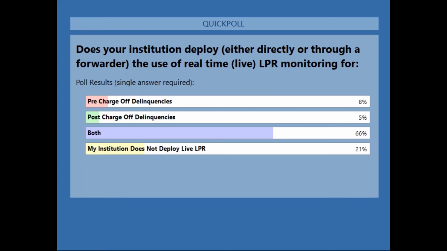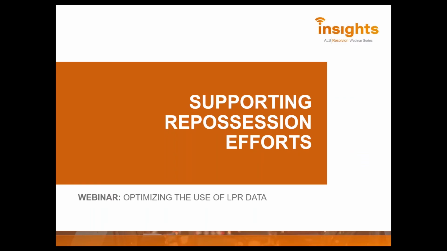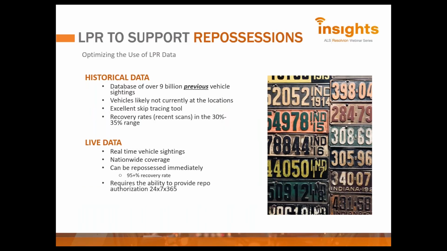But let's now talk a little bit more about how LPR data can be used to optimize repossession efforts. I think most of you are probably familiar with the basics of how LPR is used in conjunction with repo activity, but you may not be as familiar with some of the tools that allow you to make better use of it. I want to spend just a couple minutes discussing the distinction between historical and live data.